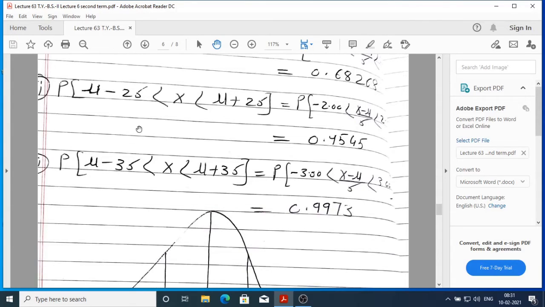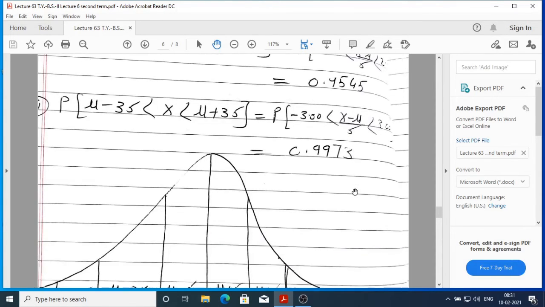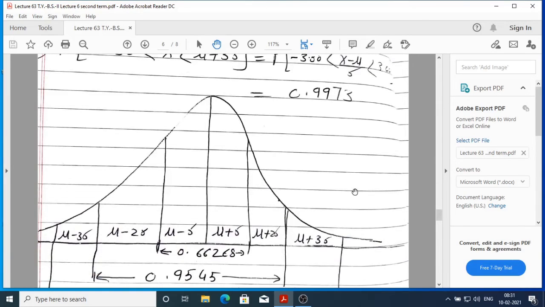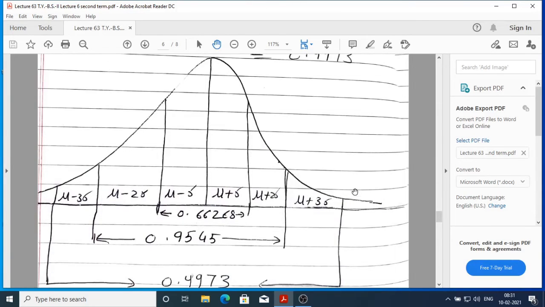And 3 sigma limits we can write. Probability mu minus 3 sigma less than x less than mu plus 3 sigma is equal to probability minus 3.00 less than x minus mu upon sigma less than 3.00. The probability is 0.9973. So we can draw this information using the normal probability curve.